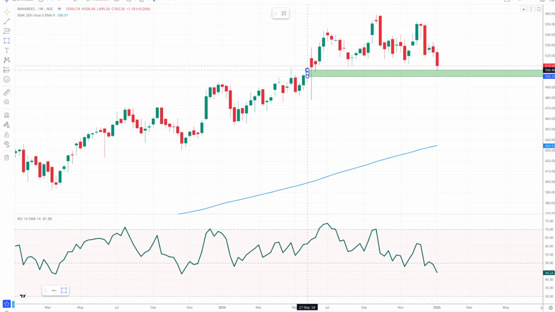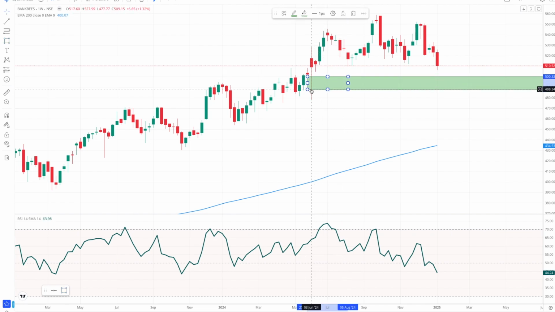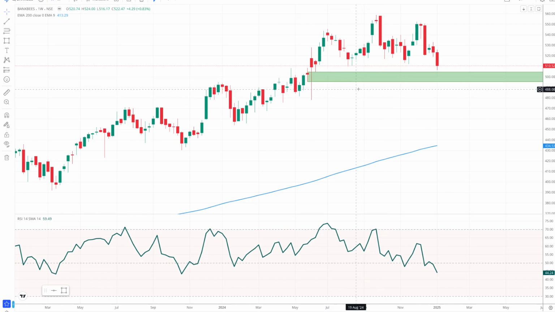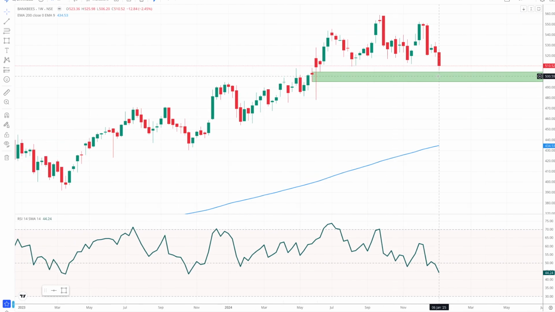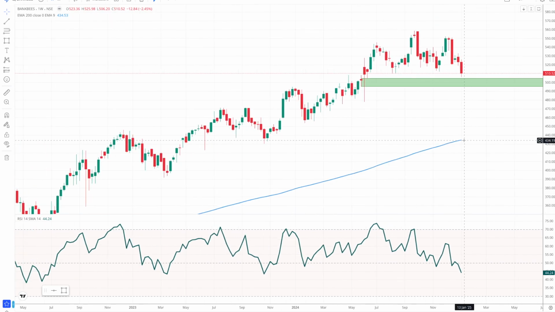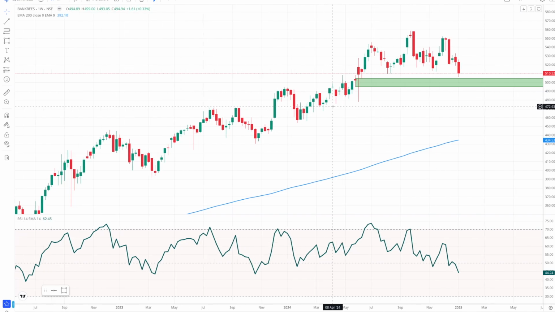The zone from 500 to 504, that is one particular zone here. 495 to 500, that is the best zone from where the price may go up, or if it has to come back and catch the EMA, then I can see somewhere around 490, 480, these levels.